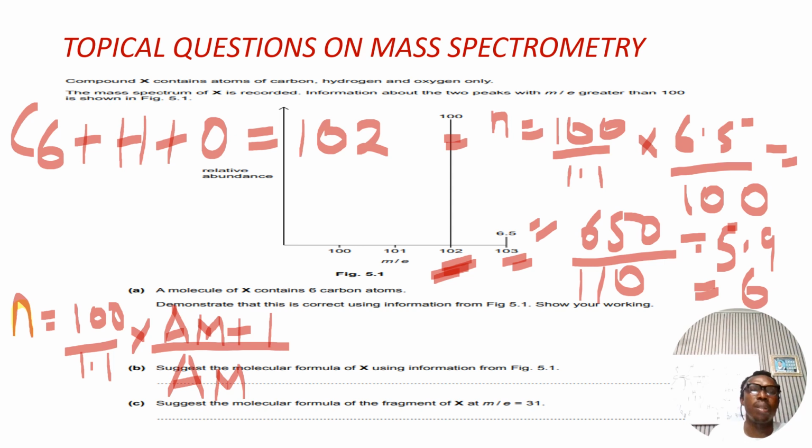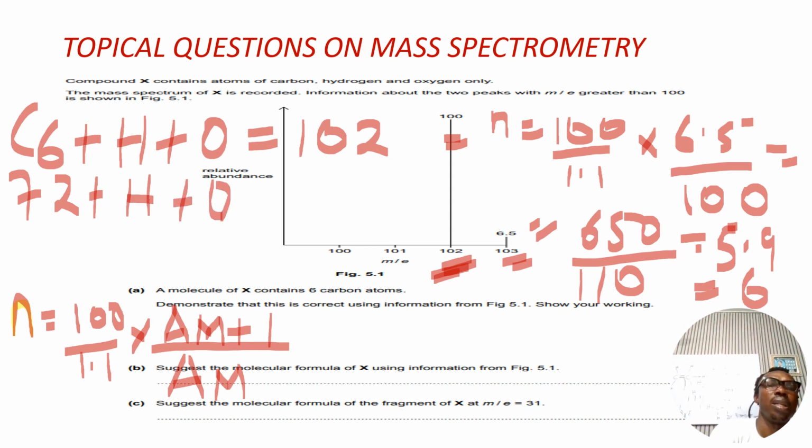Carbon is 6 times 12, which is 72, plus hydrogen plus oxygen is equal to 102.